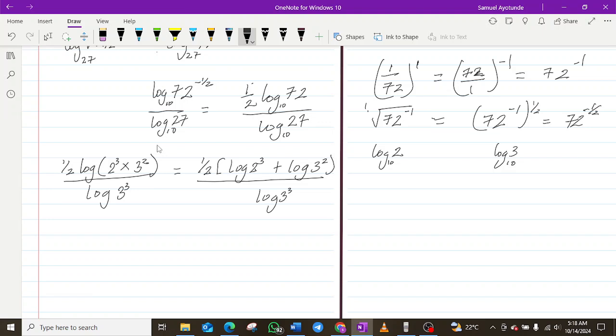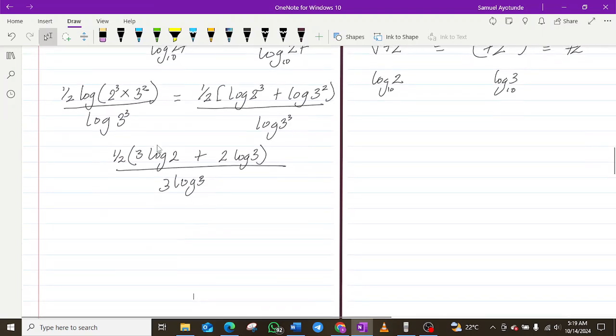When no base is written, they are in their natural base 10. So from here, I can change power to coefficient. So I have 1 over 2 in brackets, 3 log 2 plus 2 log 3, all divided by 3 log 3.